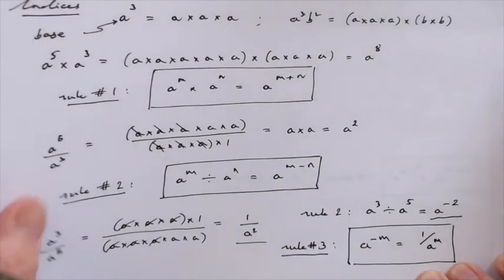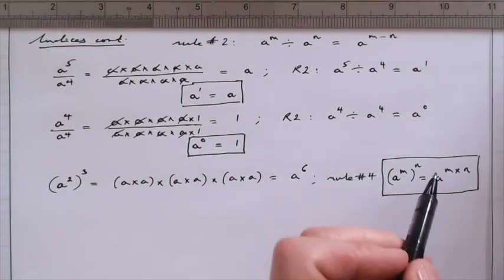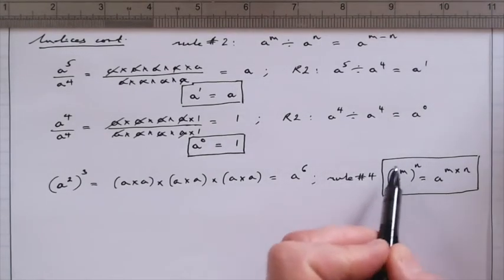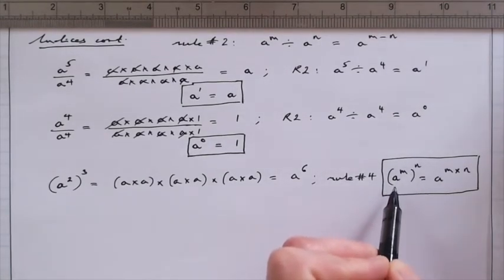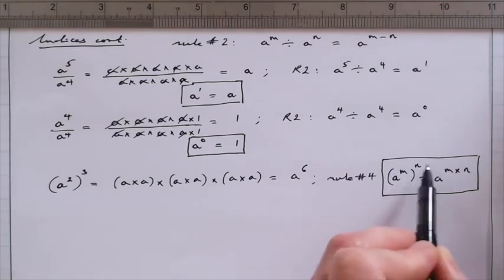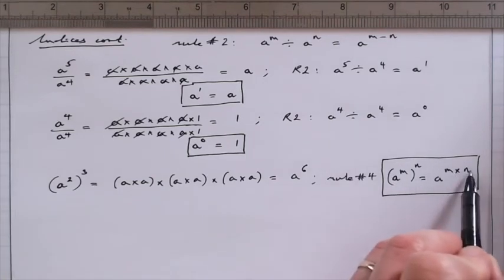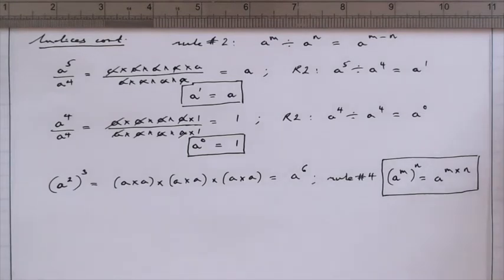And now what we see is that a power, as far as the indices are concerned, is a product. And so in each case, the calculation that's being performed is 1 degree of difficulty easier. A product becomes a sum, a division becomes a subtraction, powers become products.